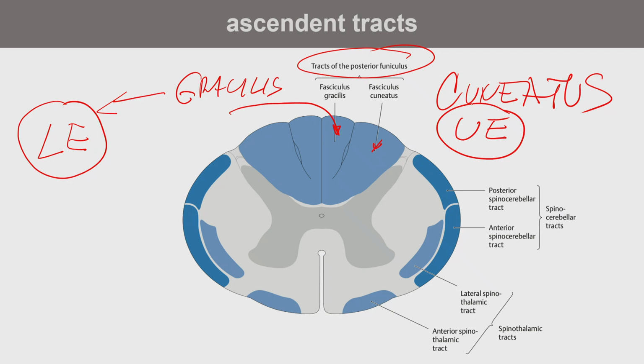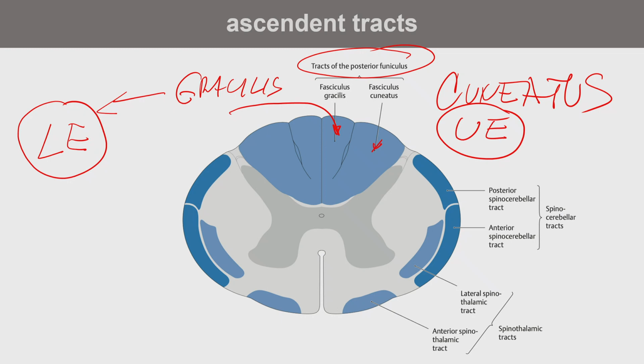So the gracilis is along the midline, and that is easy to understand, because it's going from the sacral and lumbar spine upwards, and then the line from the upper extremities is connected from outside, not crossed.